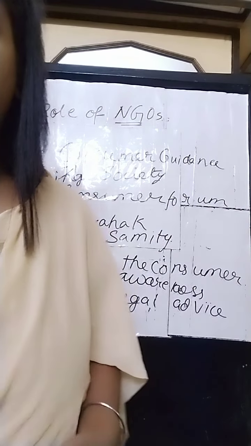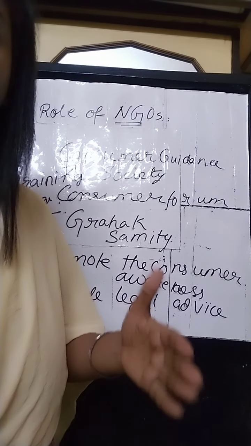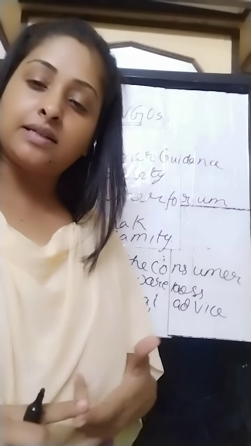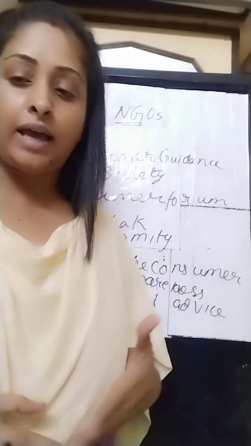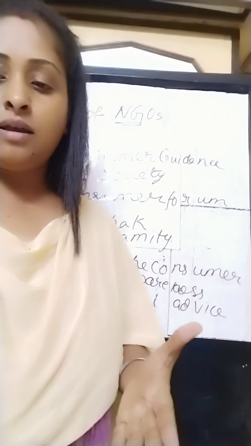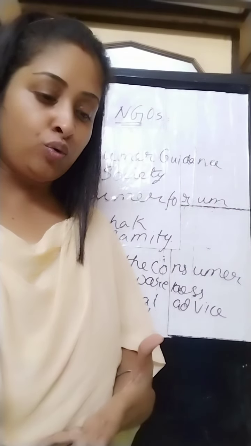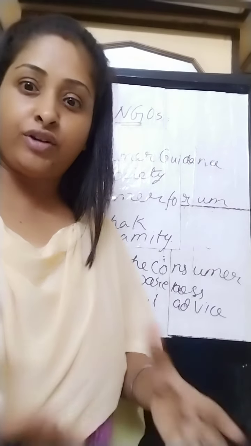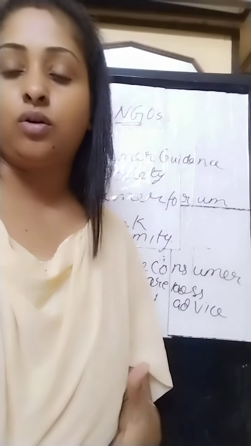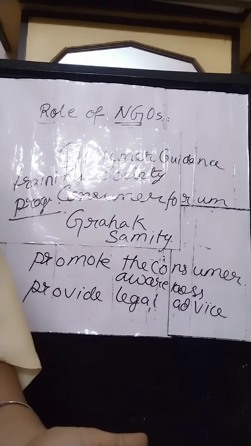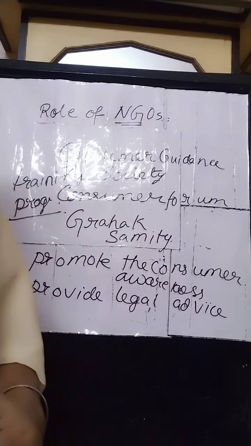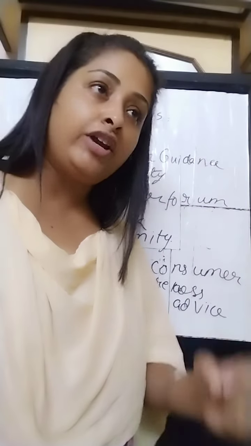These organizations play a vital role in eliminating evil practices such as black marketing, profiteering, adulteration of goods, coloring of food, and hoarding. They encourage customers to raise their voice against any kind of illegal goods, unfair trade practices or malpractices going on. These organizations also collect samples of different products and test them to judge the quality of each product.